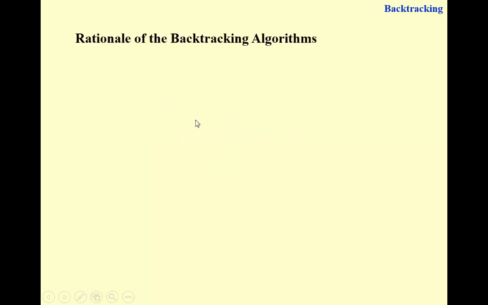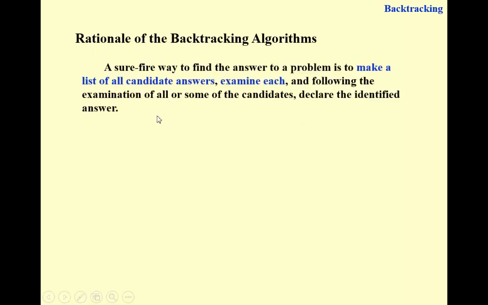So the first thing is always to understand the reason behind an algorithm. We say that a surefire way to find the answer to a problem is to make a list of all candidate answers, examine each, and following the examination of all or some of the candidates, declare the identified answer.